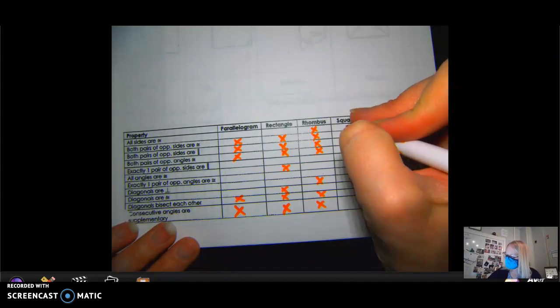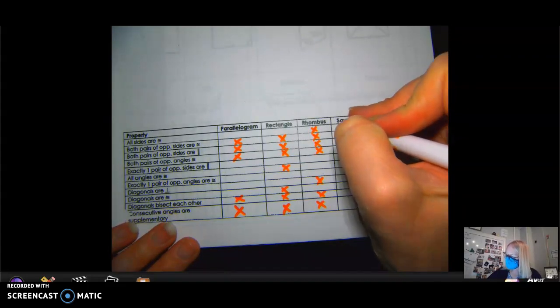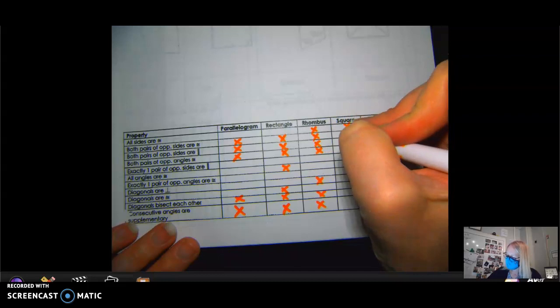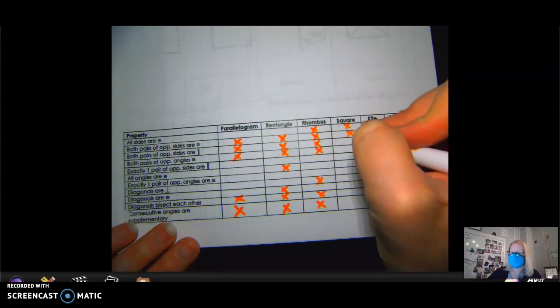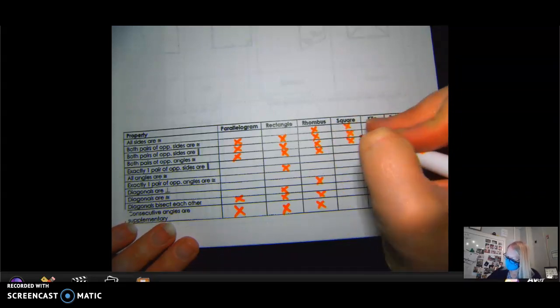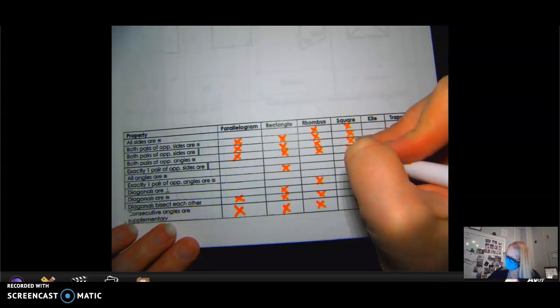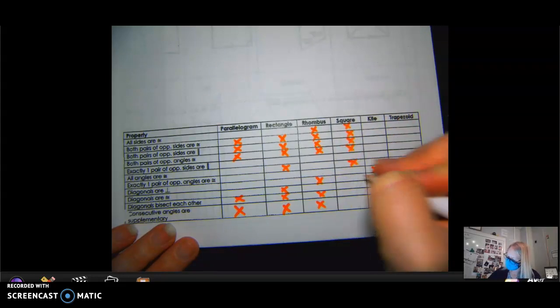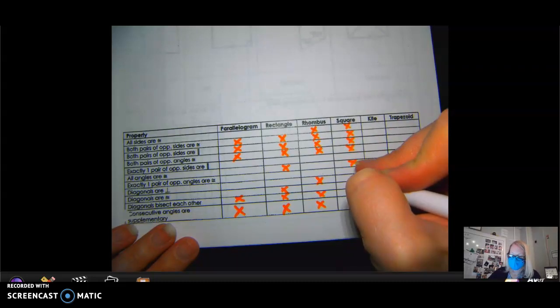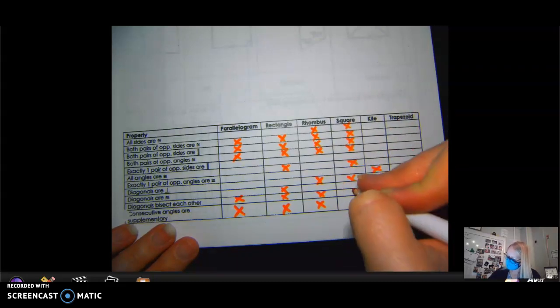So, first one. Congruent? Opposite sides would have to be congruent. Parallel? Opposite angles? One pair, exactly one pair. No. All angles are congruent? We know it's not that next one. Diagonals are perpendicular? Diagonals are congruent.